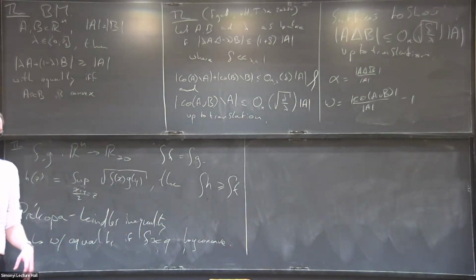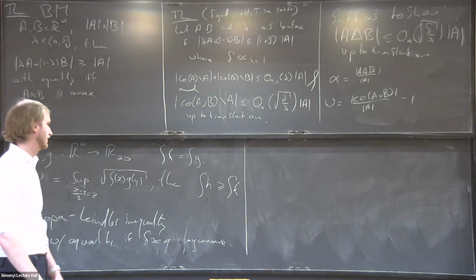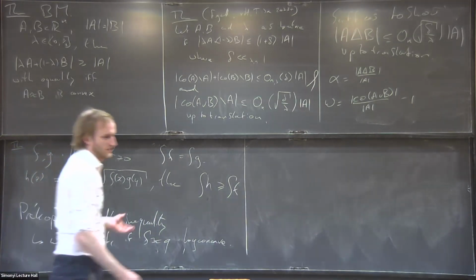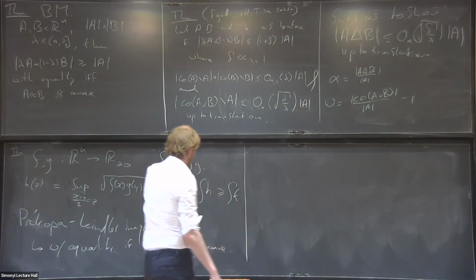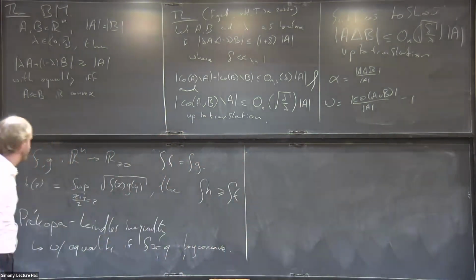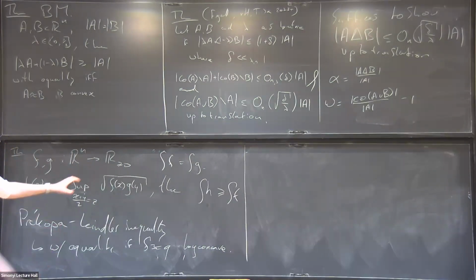People have tried stability of Brascamp-Lieb for many years, unsuccessfully, essentially. Many things were known for Brunn-Minkowski. Special cases, maybe simpler cases, like okay, we could do it in 2 dimensions, if the two sets are convex, maybe one of the two is convex.